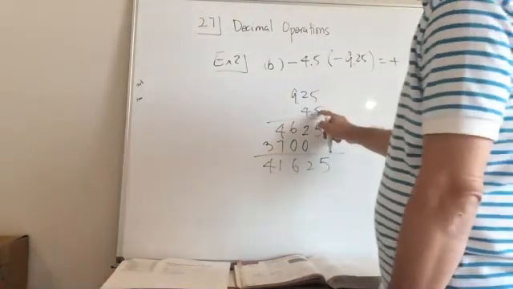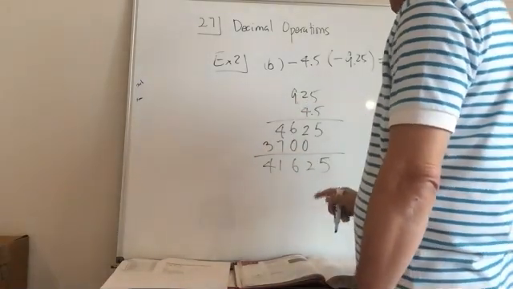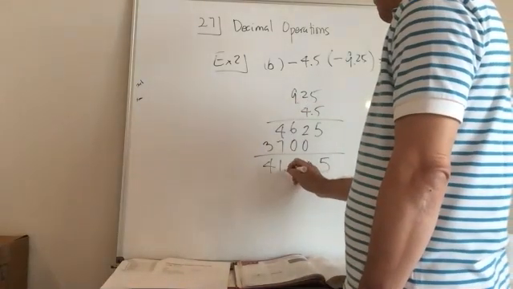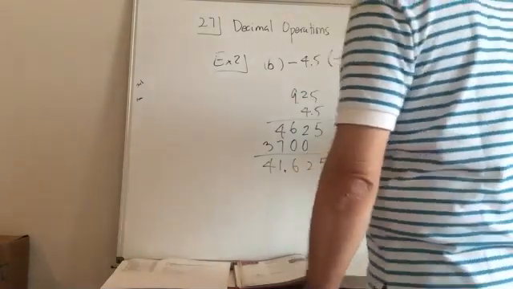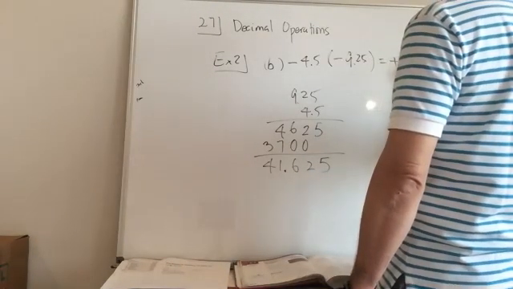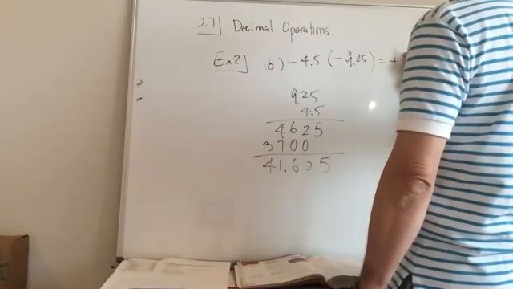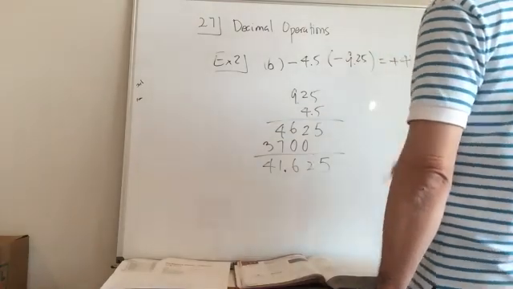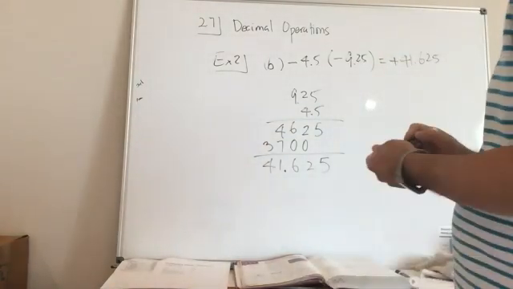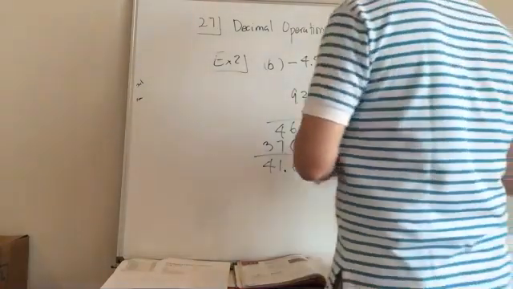I have 1, 2, 3 behind the decimal. So it's going to be 41.625, right? 41.625. That's B.